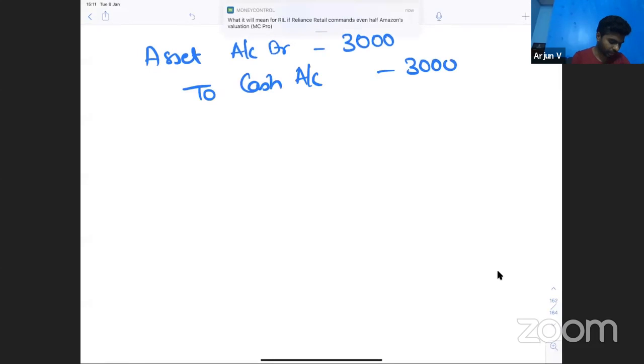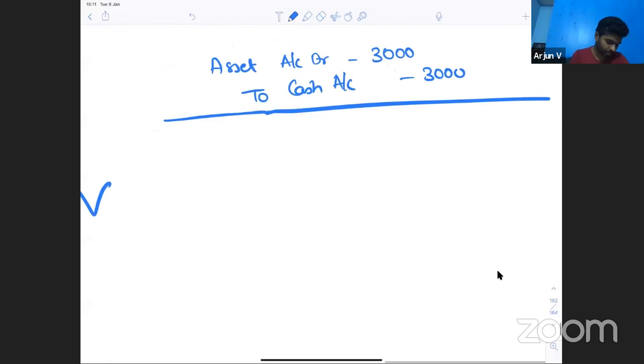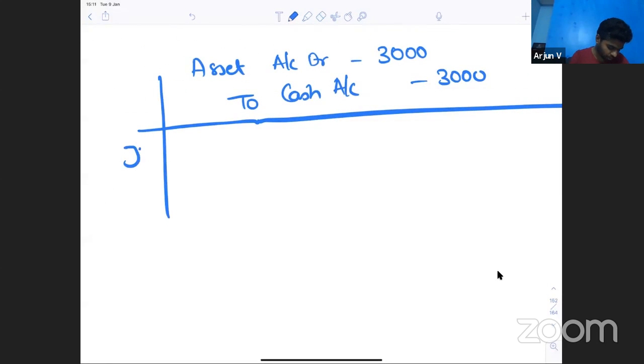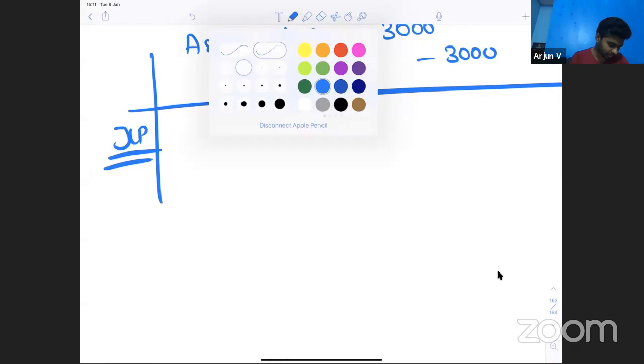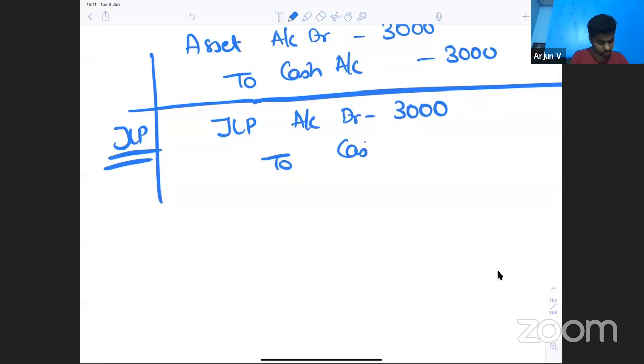So whenever I am paying my joint life policy premium, if I am treating it as an asset, the journal entry will become JLP account debit 3,000 to cash 3,000. Are you clear? JLP account debit 3,000 to cash account 3,000.